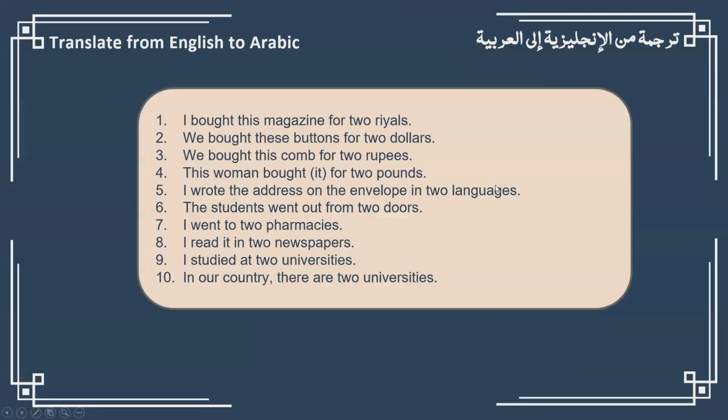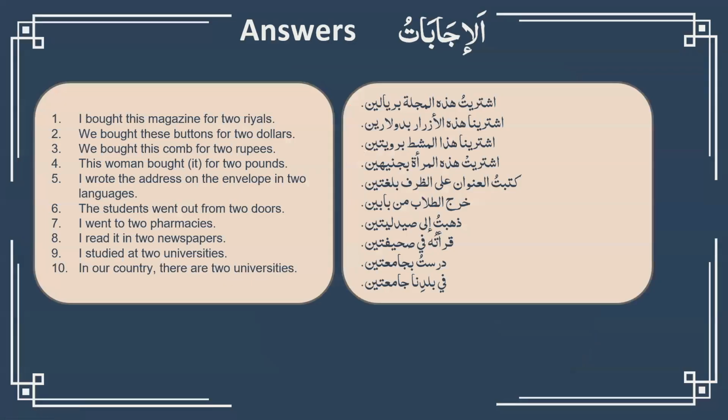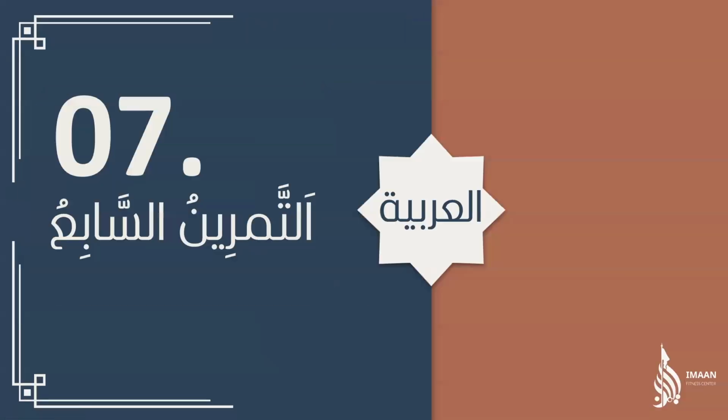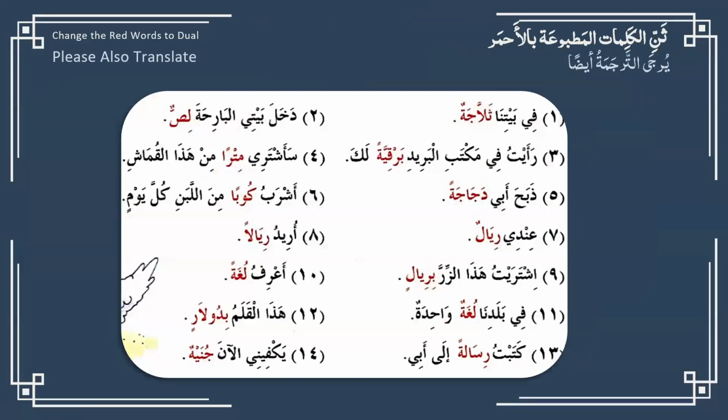Here's the translation for all of these. All right, so this last exercise is simply to be able to make the dual of what you see in the red color. And I don't know, Sister Kiran, are you still available? Yes.